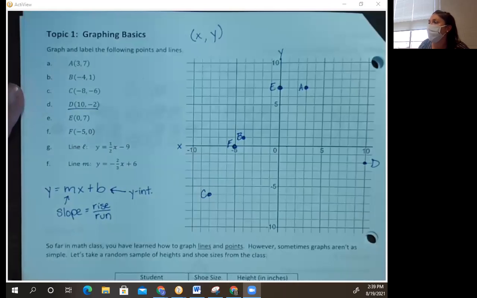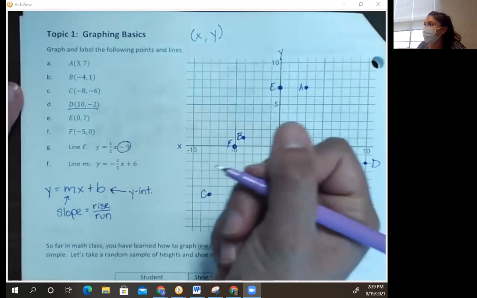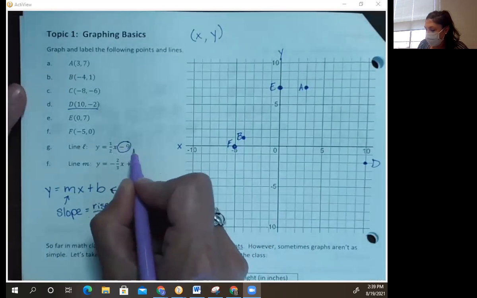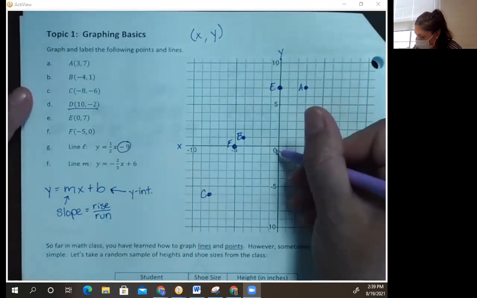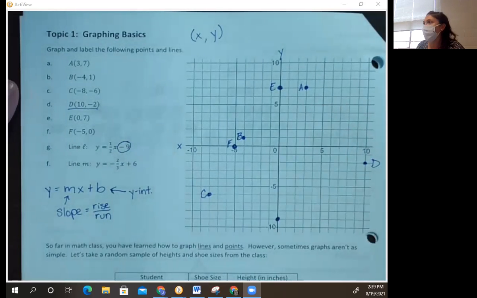So we're going to start by looking at that b value. I want to start with the y-intercept because that is a point on my graph, okay? The y-intercept is where my graph crosses the y-axis. So I'll go to my y-axis at -9 here, and plot a point. That's my y-intercept.